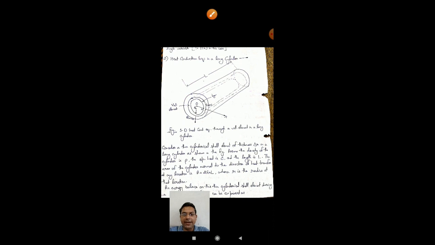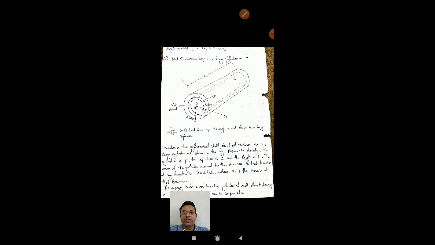Performing an energy balance, as done earlier also. An energy balance on the thin cylindrical shell element is being performed. As I said earlier, you should know the energy balance of each and every element. The energy balance equation for the long plane wall and for the cylinder is the same, there will be no change.